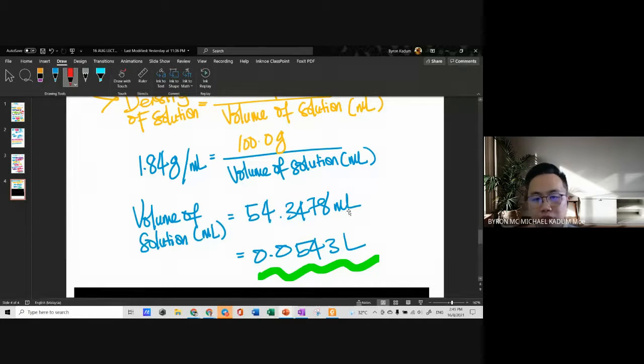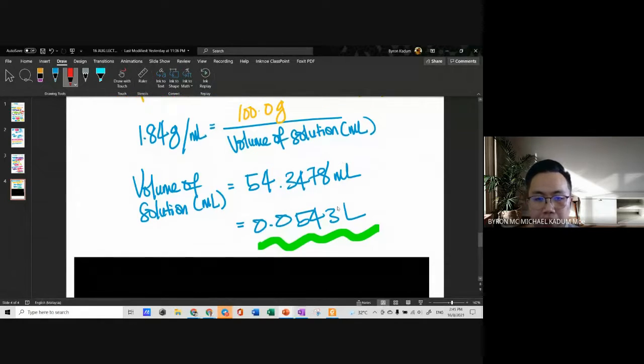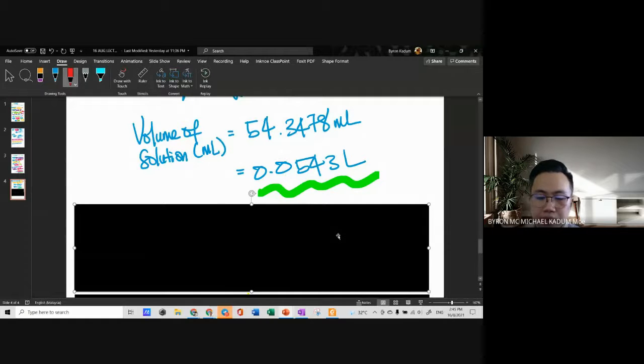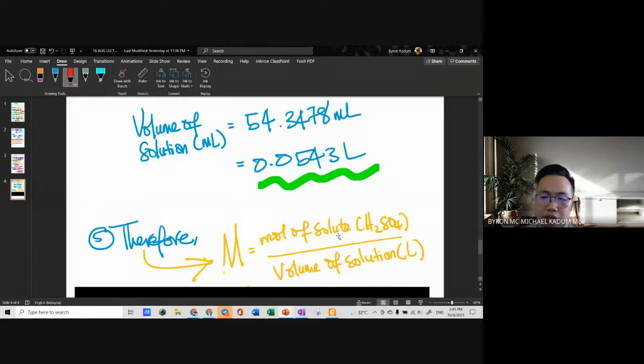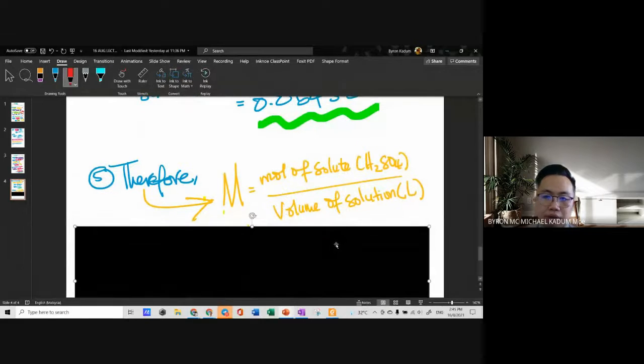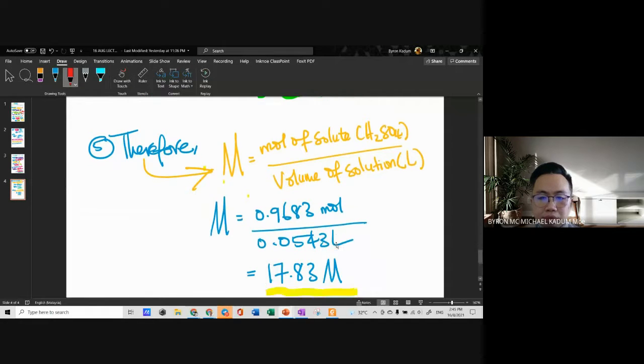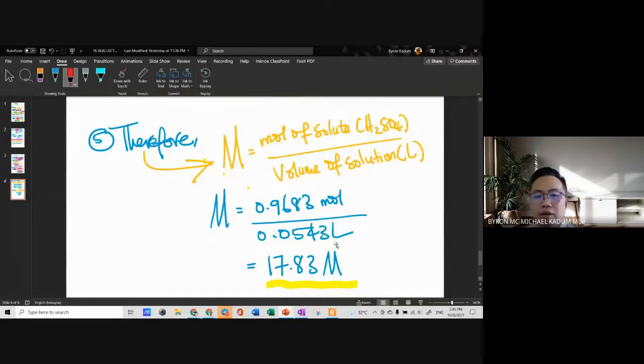Definition is important to direct you, to guide you on what you need to do, right? Now, finally, you go back to your definitions and you will be able to get your answer, which is 17.8. Okay?